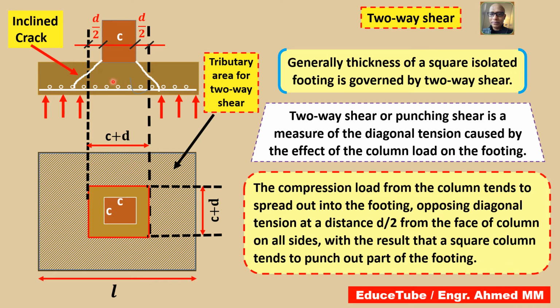It's very clear now which part is punching out, this part. If you look at the inside area of this inclined crack, this area, due to the load from the column, the part of the footing punches out. So the concept is like this. That is why we call it two-way shear or punching shear.